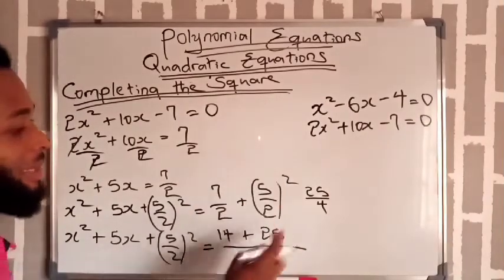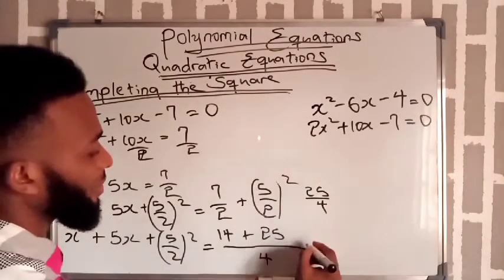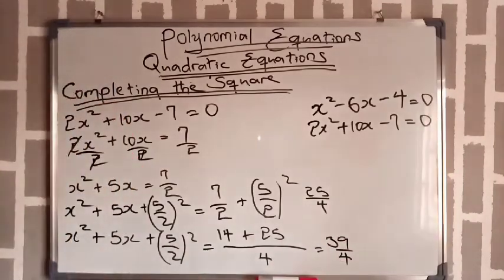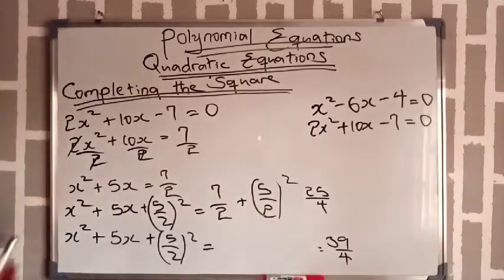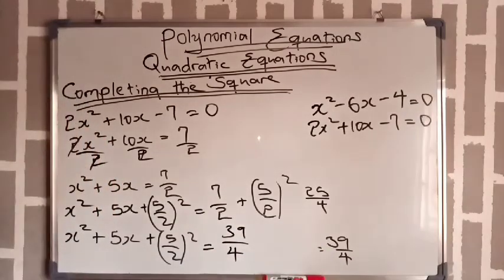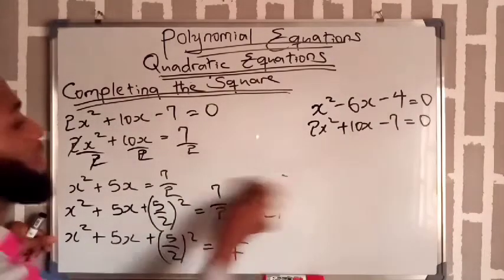I opened this and then I summed it up, as simple as that. So this should give 39 over 4. Summing of that gives 39 over 4.